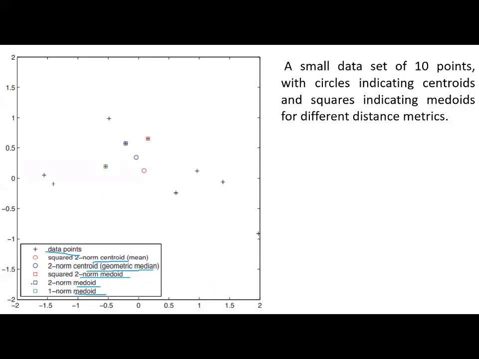Let us see this. Now, these are all data points, and there is a medoid outlier, with around 10 data points here.